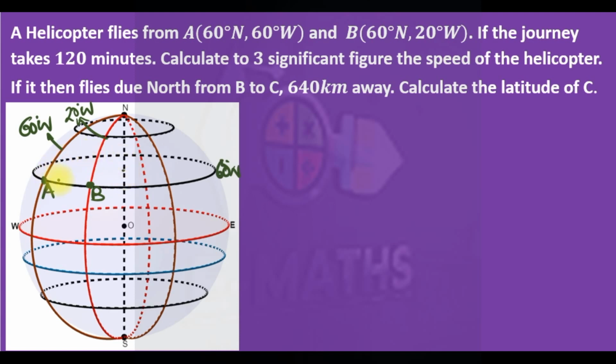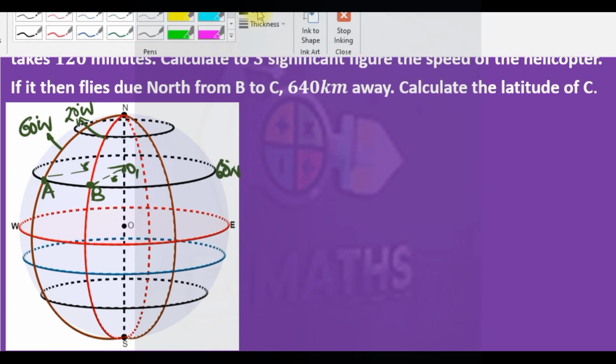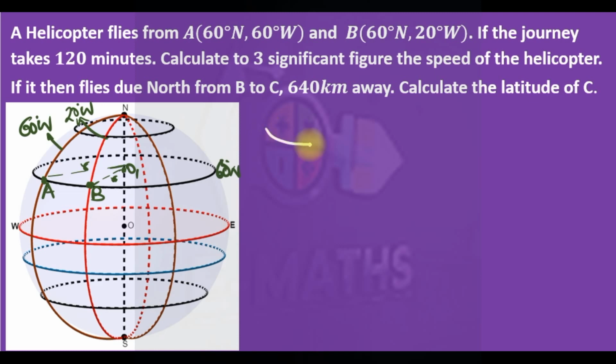Because this is distance along latitude, if this is the center, let's call it O subscript 1, with radius, this is a small circle. The radius is small r. So we have something like this with the axis here.